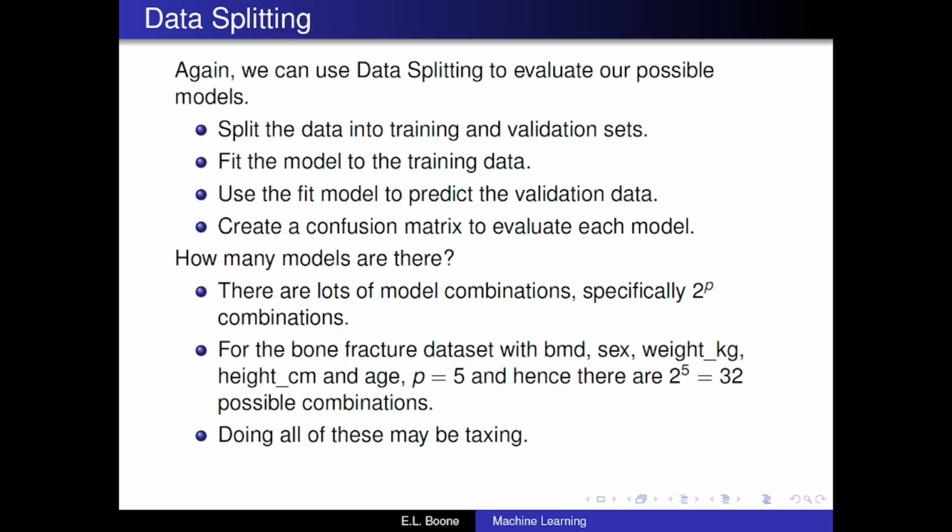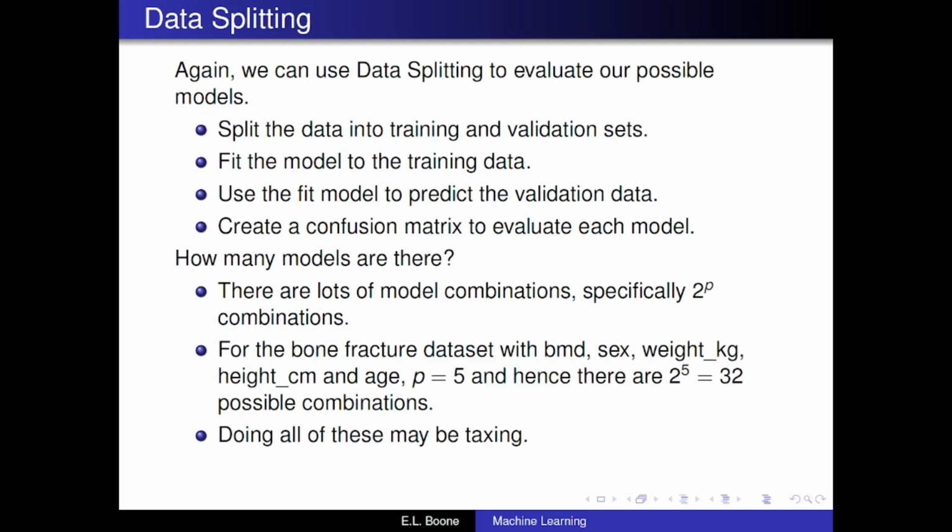Now, there are lots of model combinations, and specifically 2 to the p, where p is the number of predictors. For the bone fracture data set, if you just put in BMD, sex, weight, height, and age, you're going to get p equals 5, and there are 2 to the fifth equals 32 possible combinations.